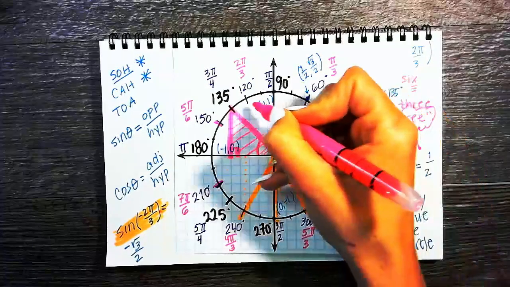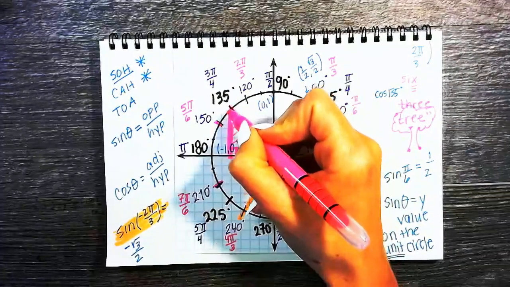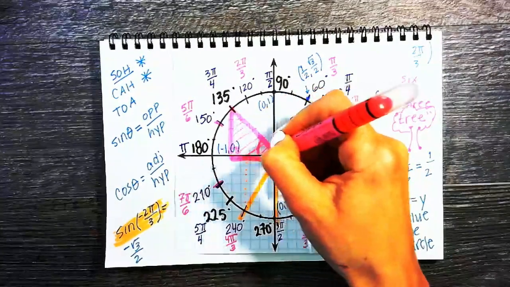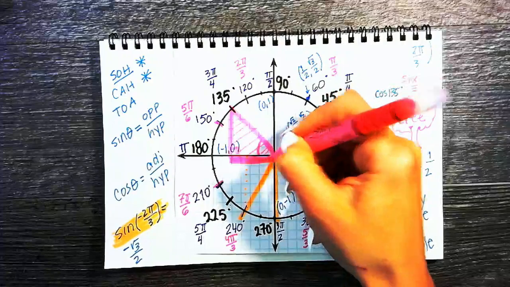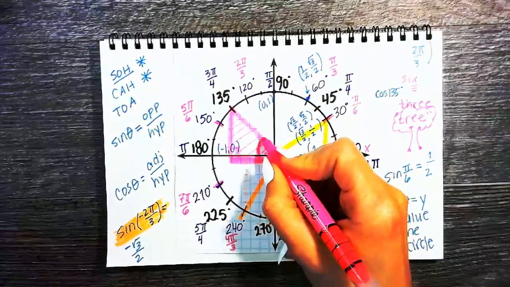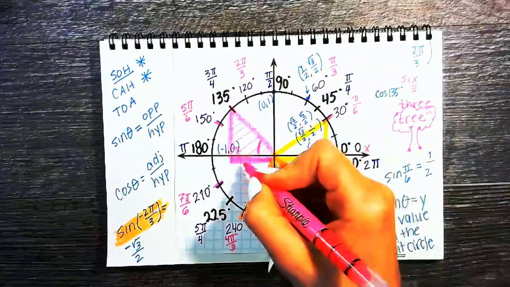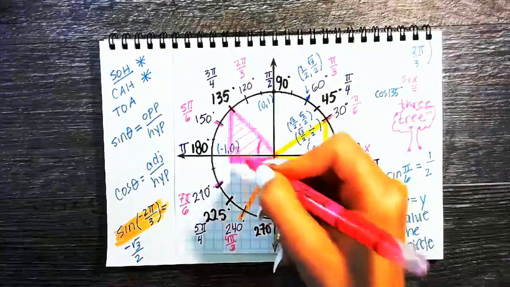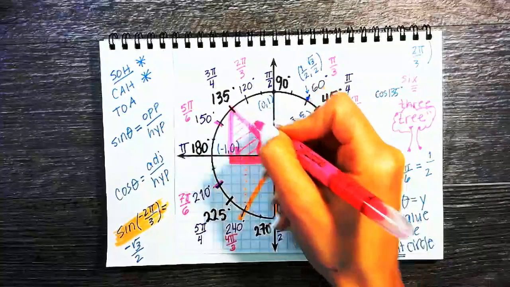But if I ask you for the cosine of 135 degrees, that's going to be adjacent. The adjacent side is always here next to this angle, the reference angle. It's always against the x-axis, and then the opposite is always going to be out here. Adjacent over hypotenuse.